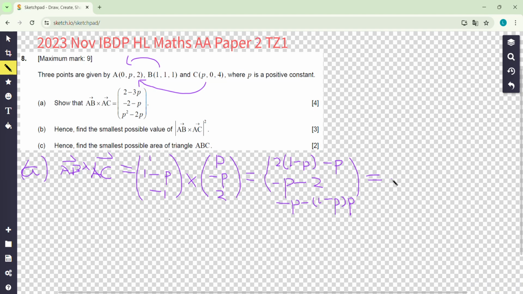Of course, you want to make it easier, so simplify. Okay, so first one is 2 minus 3P, minus 2 minus P. Okay, the number first. And then it is P squared minus 2P.